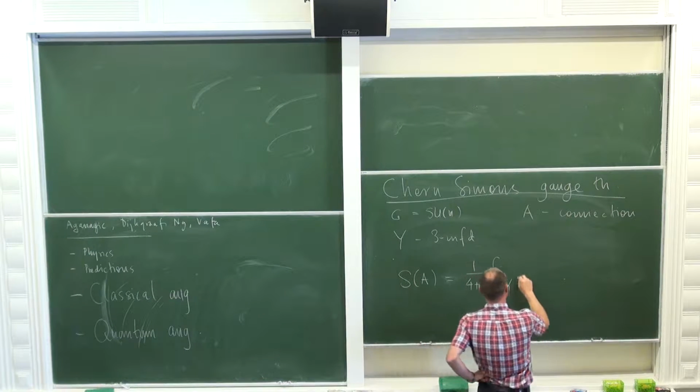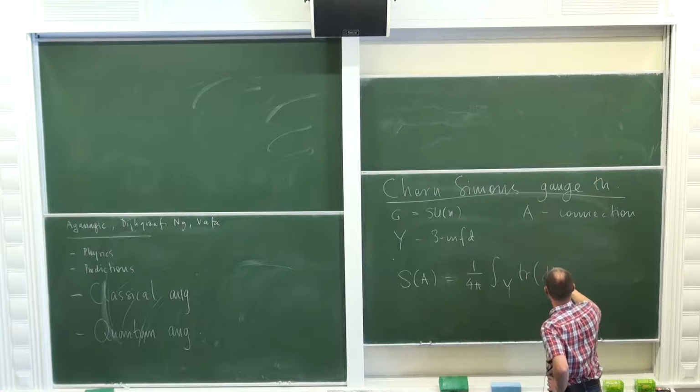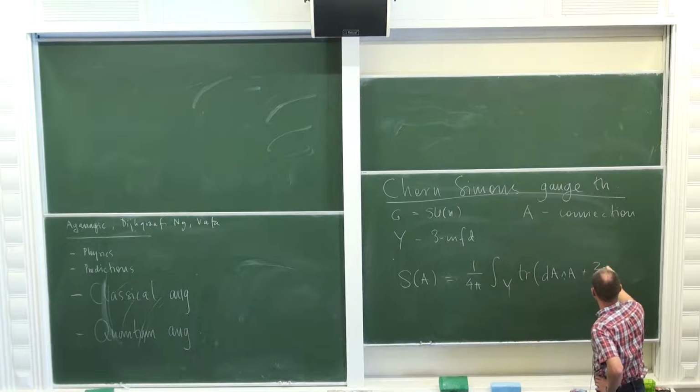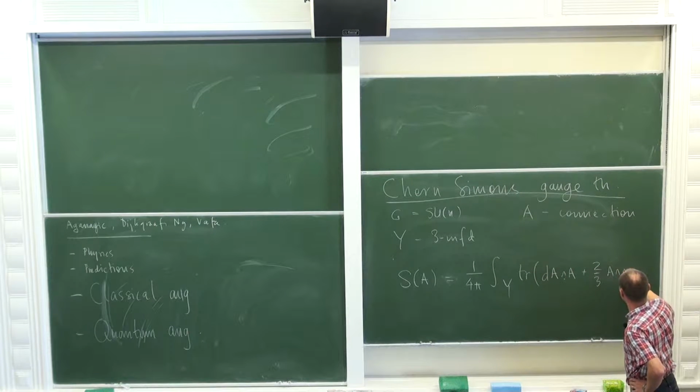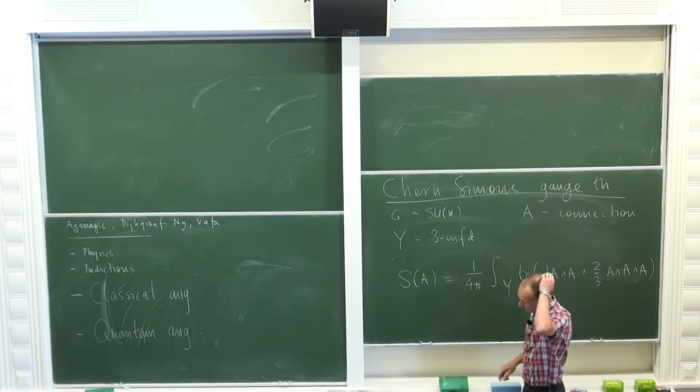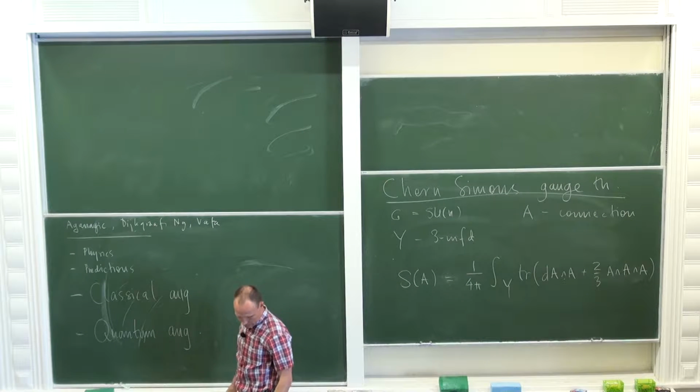We take the trace of A wedge dA, and then we add 2/3 of the cube of A. So this is the Chern-Simons action.